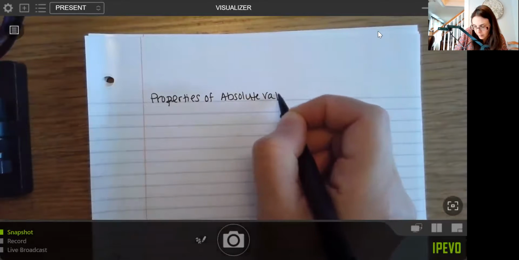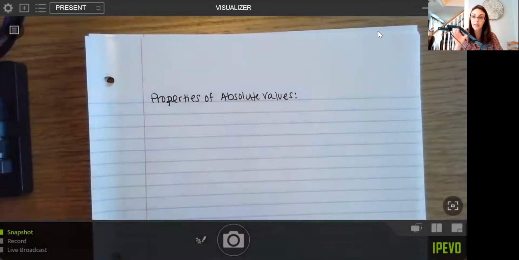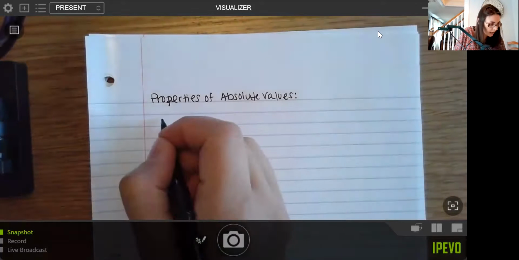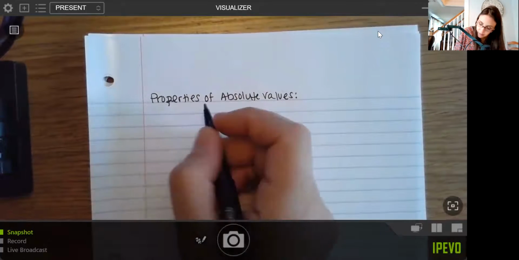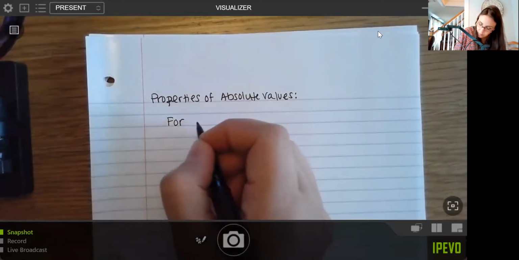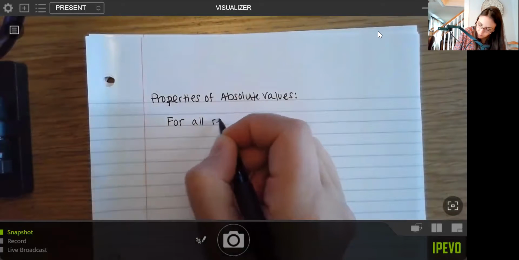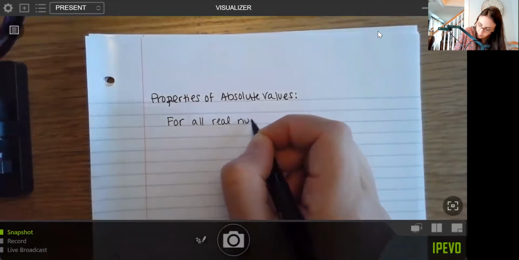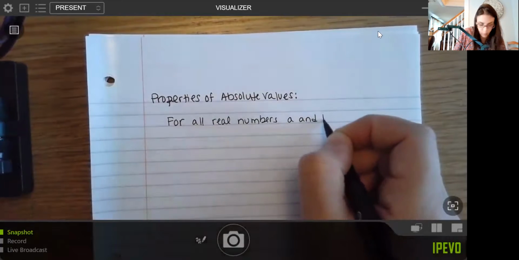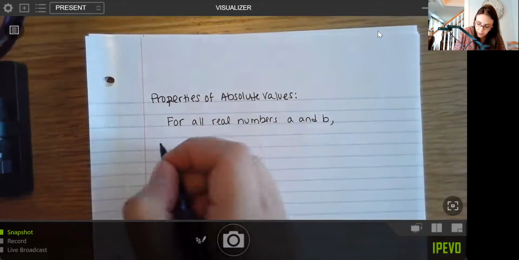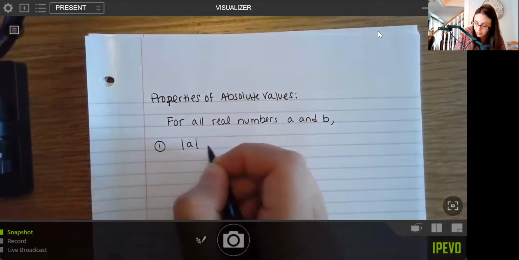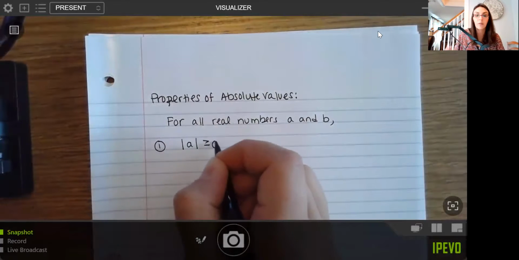Okay, so I'm still in the same lecture notes. I'm just adding a little subtitle here for my properties. For these properties, we're going to let A and B be real numbers. Okay, we have the following. The first property is that the absolute value of a number is always positive or 0, right?